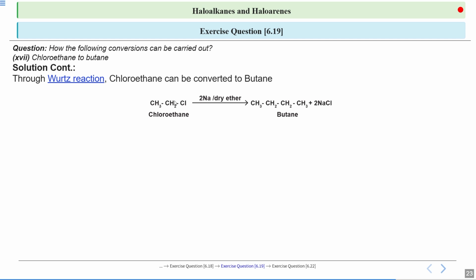So your reactant has 2 carbon atoms, your product has 4 carbon atoms: butane, CH3CH2CH2CH3, plus 2 NaCl as the side product. This is the Wurtz reaction, where you get the final product containing double the number of carbon atoms of the reactant. So through the Wurtz reaction you can convert chloroethane to butane.